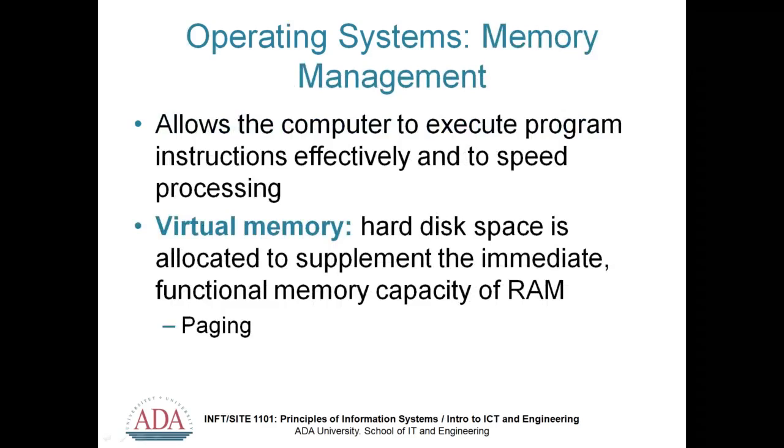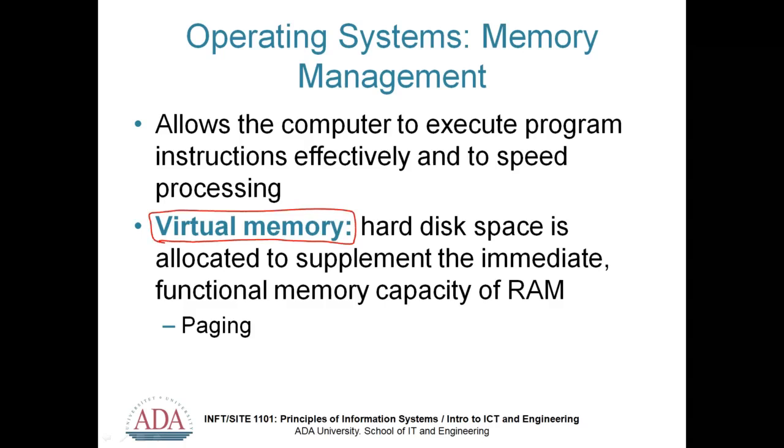And then we talk about memory management. In an operating system, it should help other software, including application software, to access memory effectively. But there is also the notion of virtual memory, which you have probably heard of.